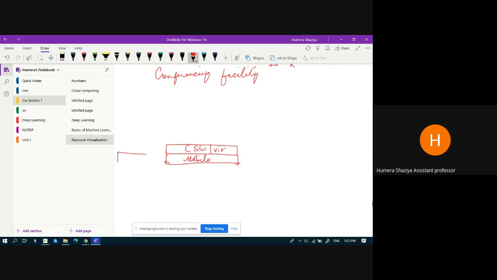If you have a mobile without virtualization, you can connect with another mobile only to one person at a time. But because of virtualization, many people can connect with many people.